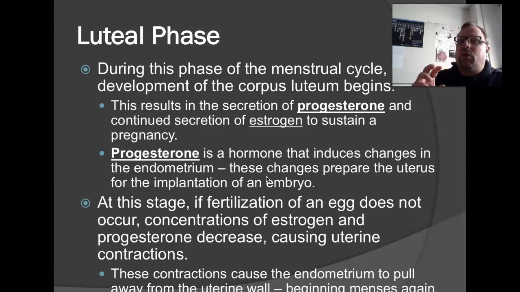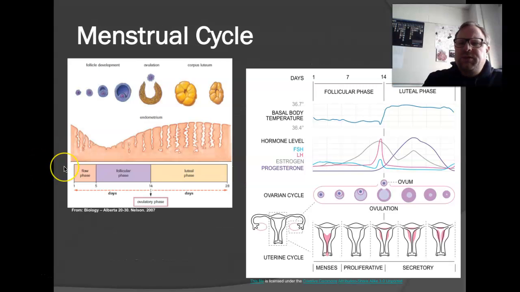And if implantation had occurred and the endometrium were to dislodge, then the developing embryo would be lost during the following flow phase. So these two diagrams that you see here are trying to show you what's going on during the course of the menstrual cycle.